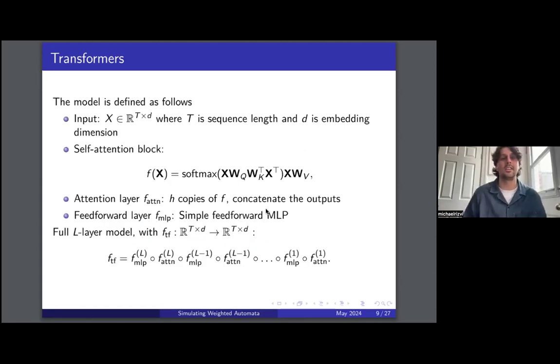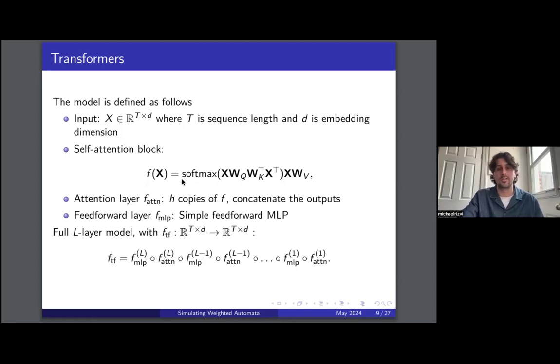So this is a simple overview, but mathematically speaking, we have some input matrix whose rows correspond to each part of the sequence. The rows are each embedded token, for example. Then we apply a data-dependent transformation, which is called the self-attention block.